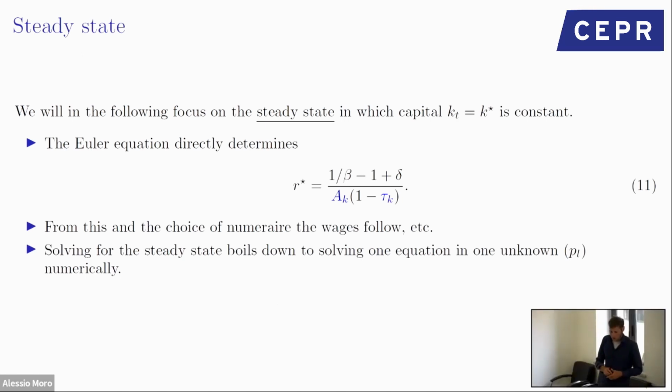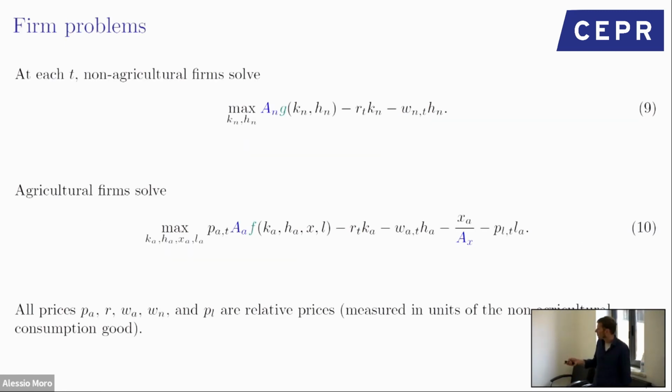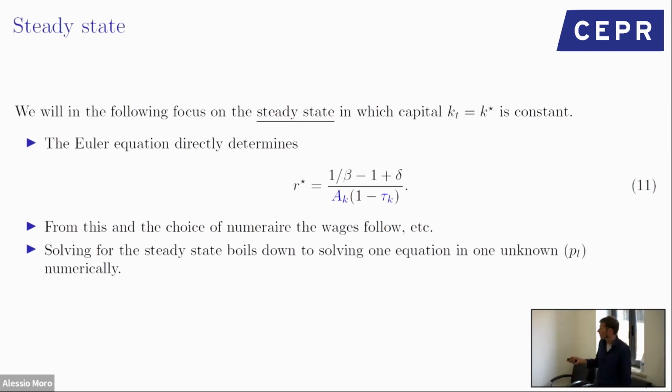So we assume that each country is characterized by a particular level of development, a particular A_X, A_A, A_N, and A_K. And then we just calculate the steady state level of capital stock in this economy.